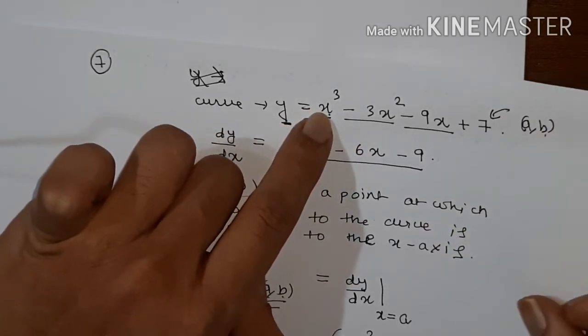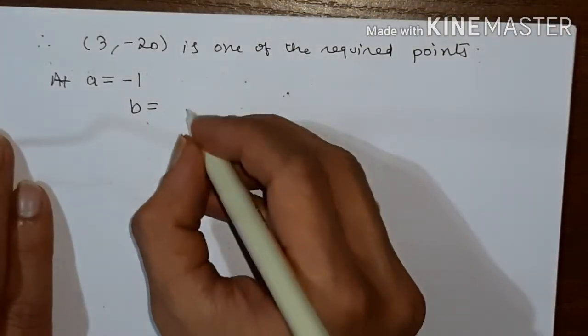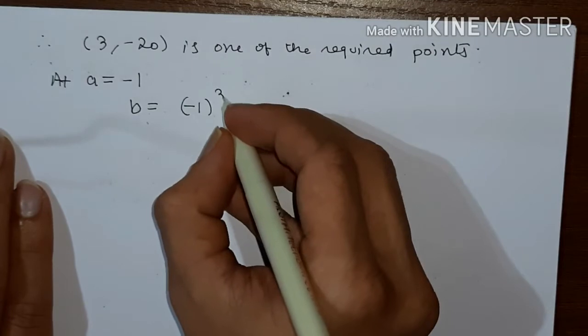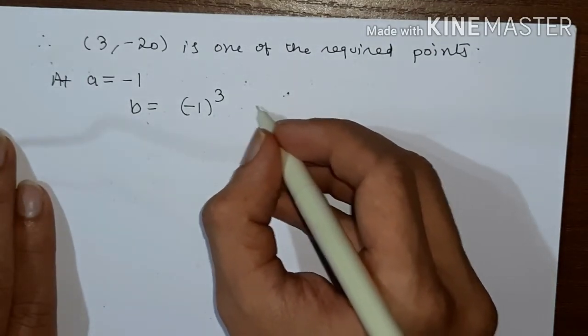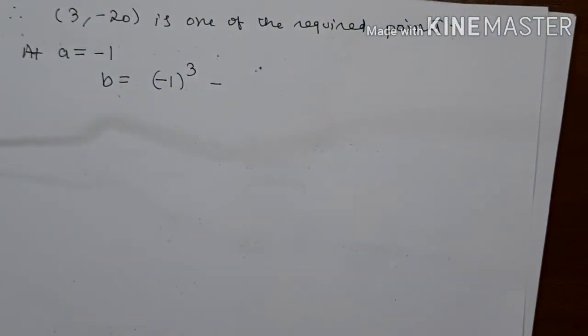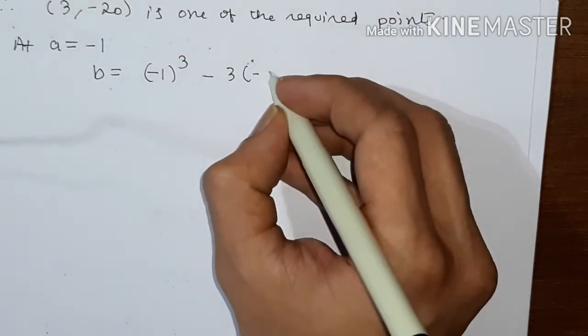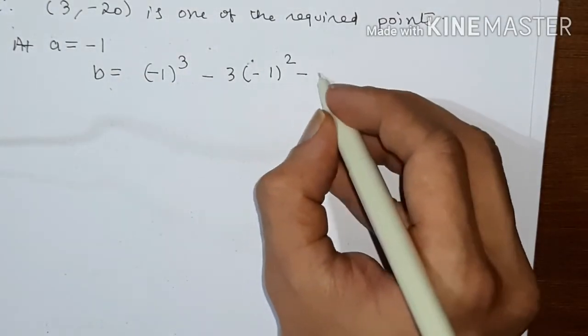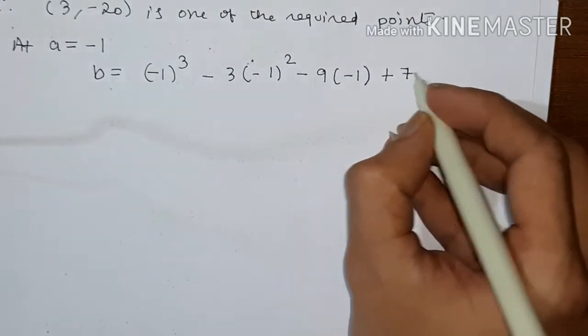So what you'll get is minus 1 cube, minus 3 times minus 1 square, minus 9 multiplied by minus 1, plus 7.